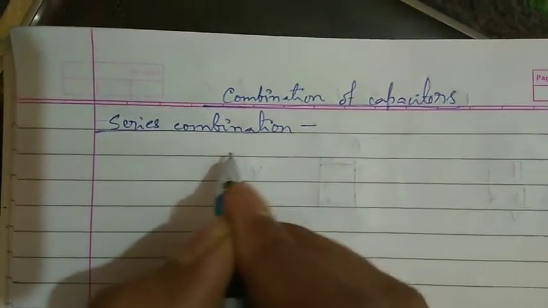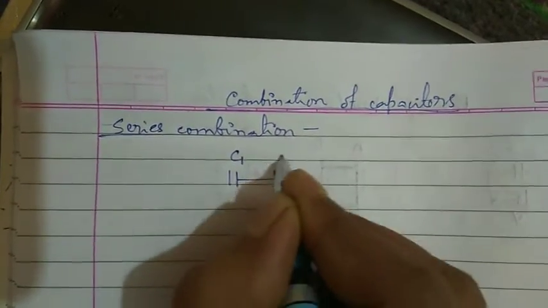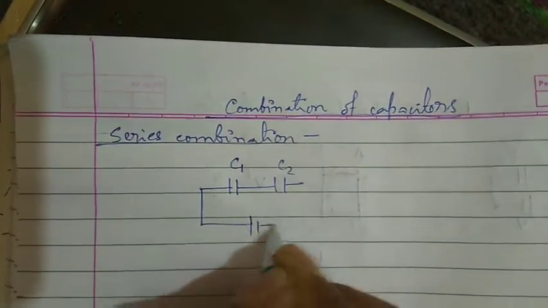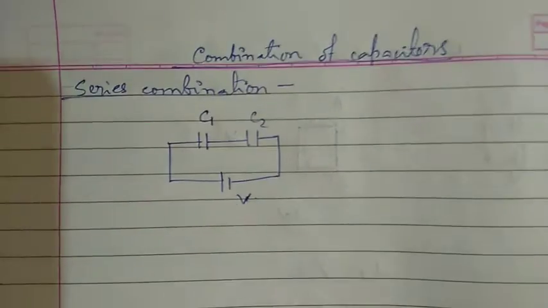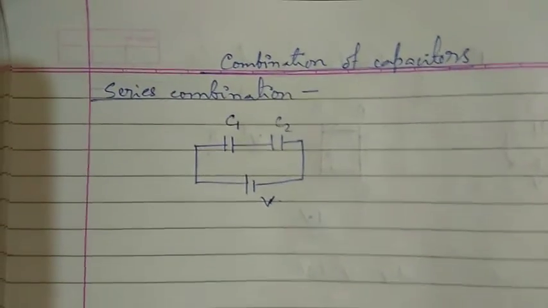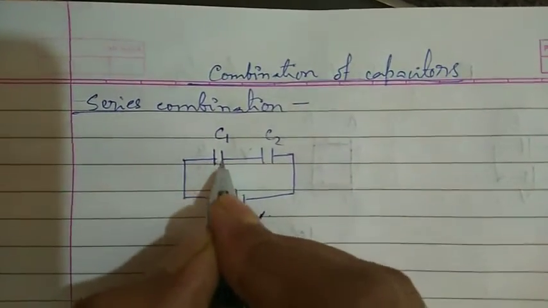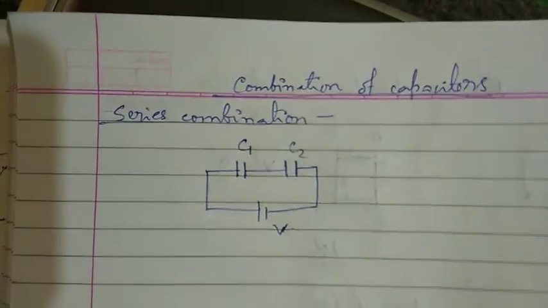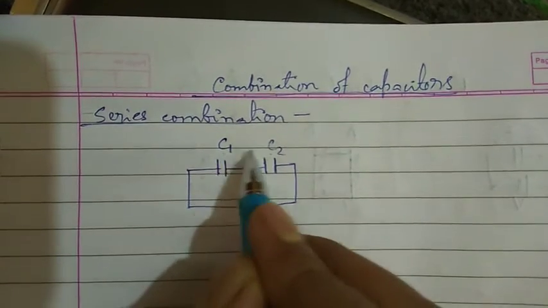So take two capacitors having capacitances C1 and C2 connected in series, say with a battery V. Now once you connect the capacitors with a battery like this, the capacitors will start accumulating charges, and at steady state both of the capacitors will have the same charge.